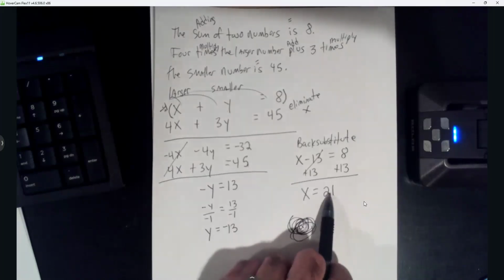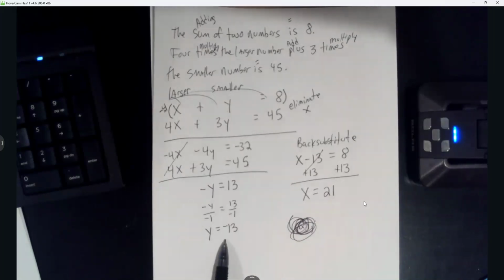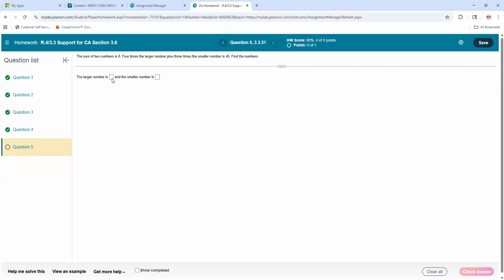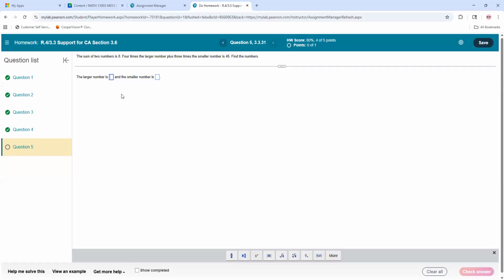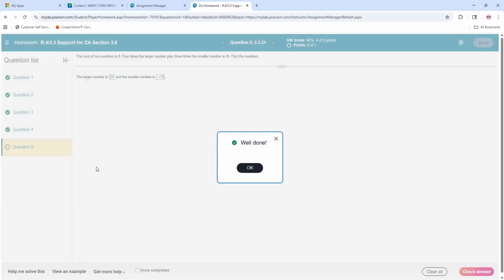But x is my larger number, it's positive, and y is my smaller number being negative. So once you've solved it, see right here, they want the larger number. What did we say? 21. And then the smaller number was a negative 13. So you would put that in and then check your answer.